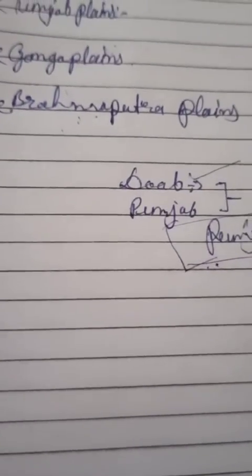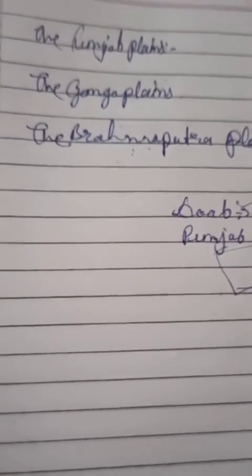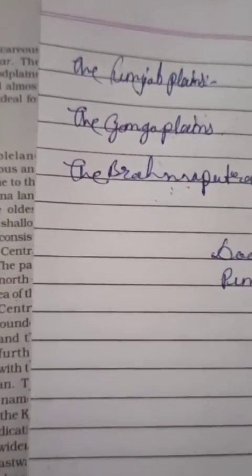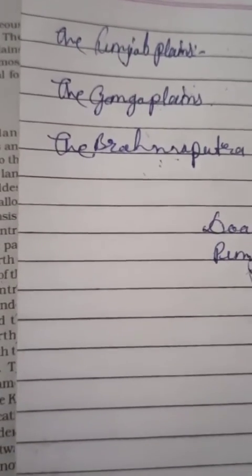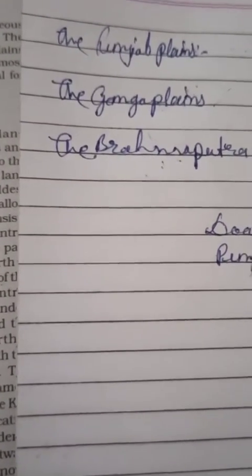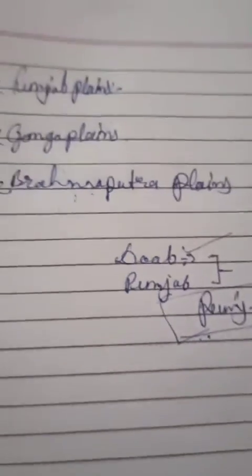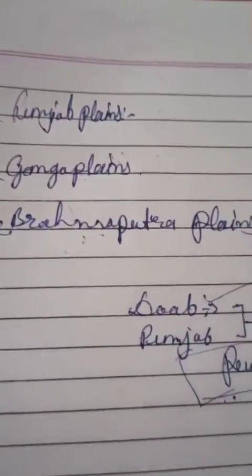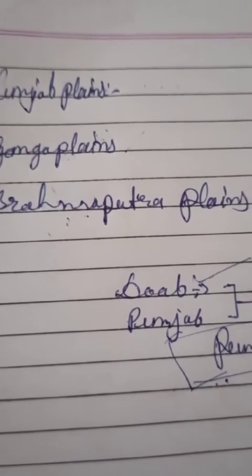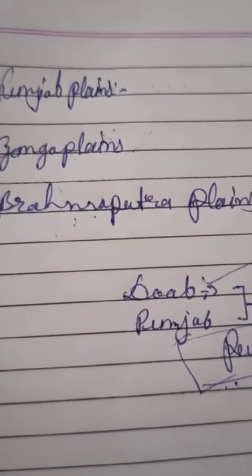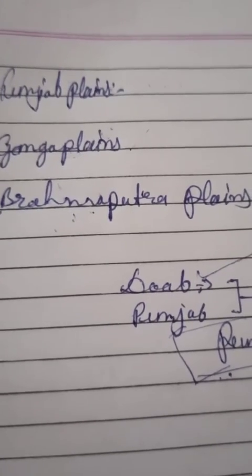The large part of the northern plain is formed of older alluvium. It lies above the floodplains of the rivers and presents a terrace-like feature. This part is known as Bhangar. The soil of this region contains calcareous deposits locally known as Kankar.